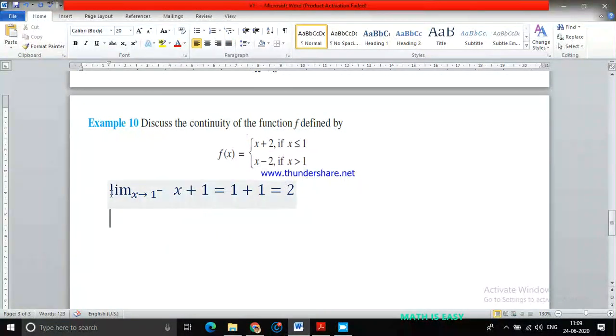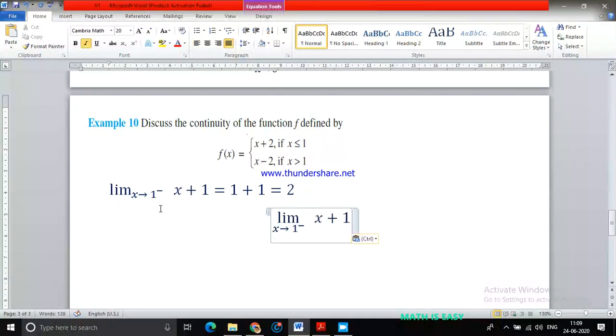Let me try the right limit. This is plus on the right side, x is greater than 1. If x is greater than 1, my function is going to be x minus 2. Am I right? If I substitute x is 1, 1 minus 2 equals minus 1.